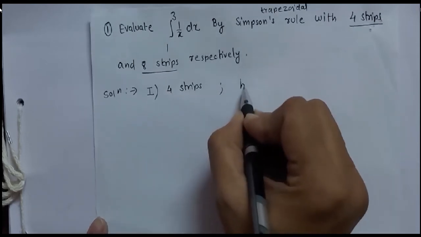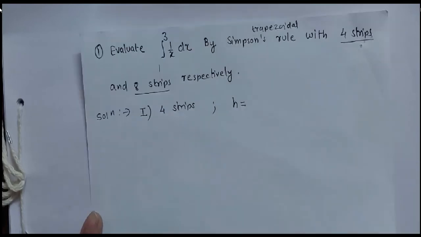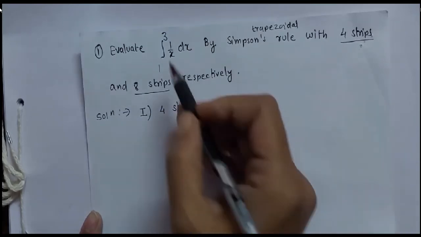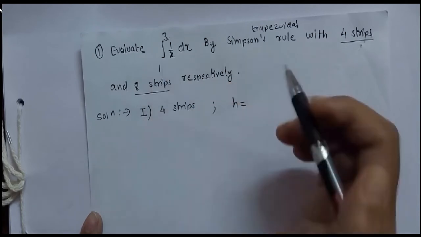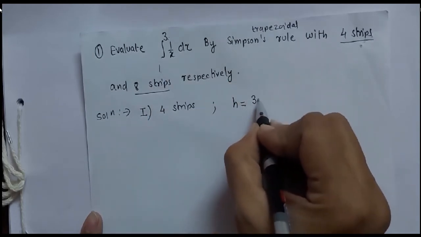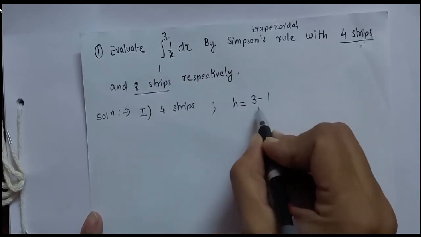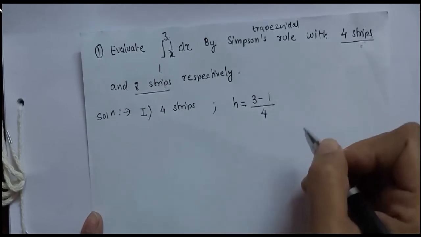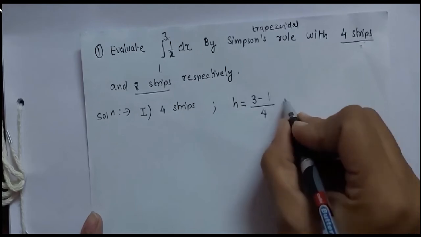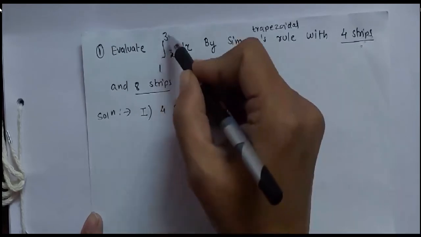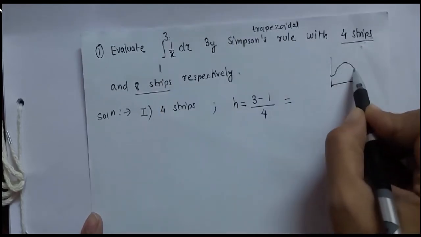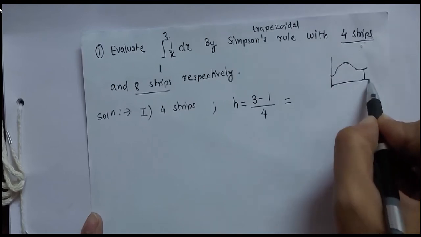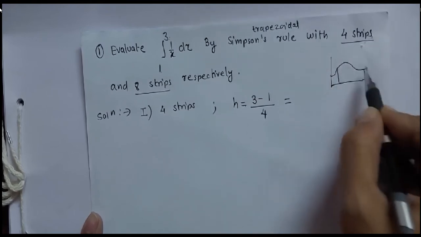h is equal to the upper limit 3 minus the lower limit 1, divided by 4. This is the meaning of 4 strips, we are going to divide this integral into 4 strips.